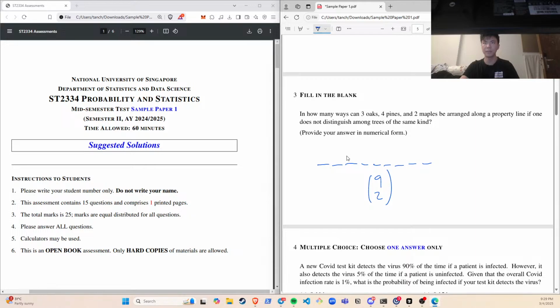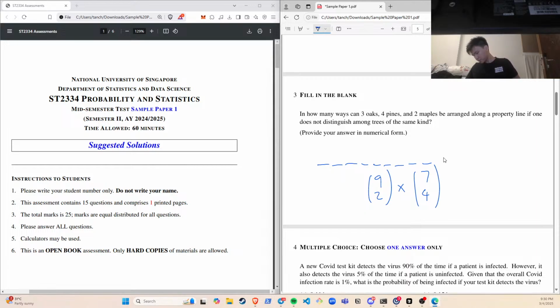After putting the two maples, I can do seven choose four or seven choose three, doesn't really matter. The rest will be whatever's left over.